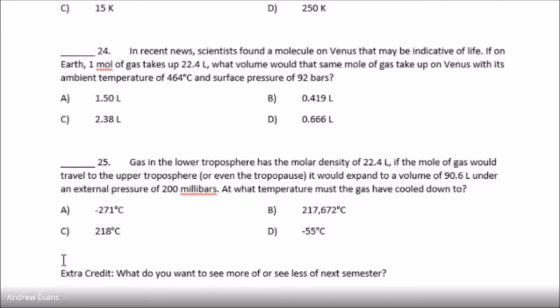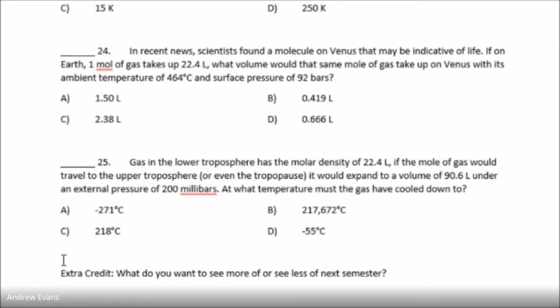So we're given volume is 90.6. Pressure is 200 millibars, which is the same. It's like millibars is to bars as milliliters is to liters. So that would be 0.200 bars.